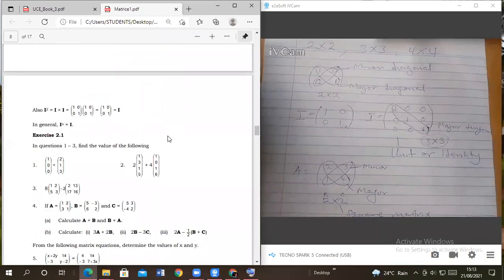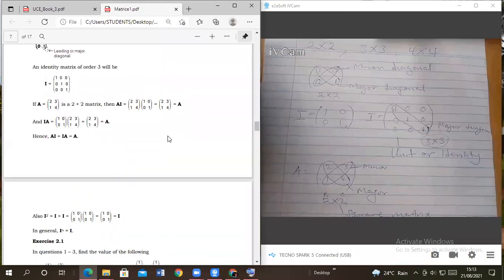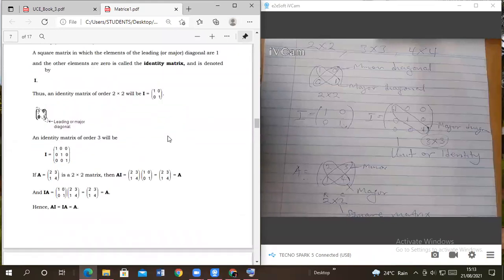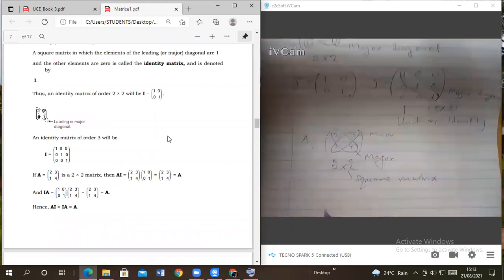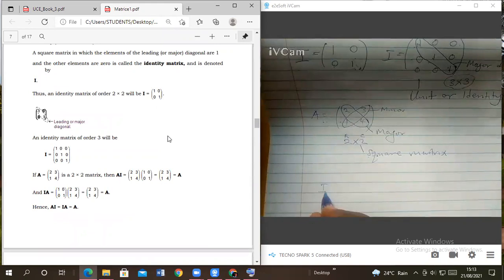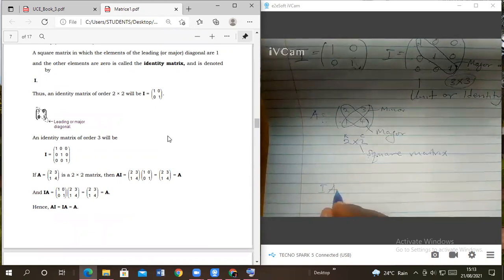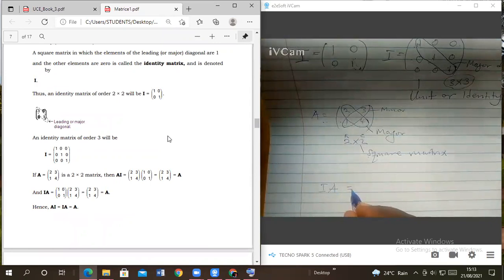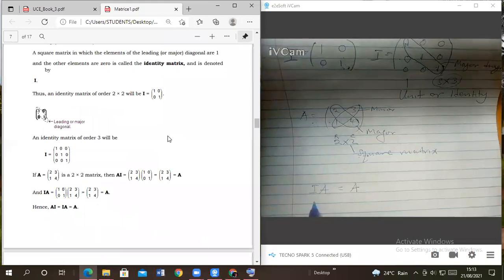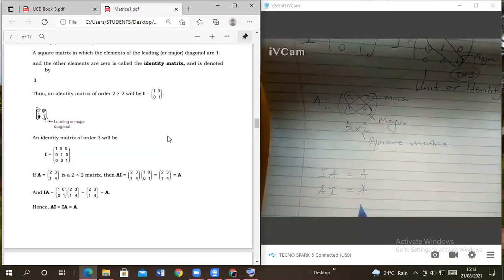So we can have an example on how we can multiply that identity with any other matrix. But of course, under the properties, we shall see that if you have the matrix I, which is identity, times any other matrix A, the result you get will be the matrix A. And if you change the order and say A times I, then this will be the same as A, meaning this property under multiplication is just like that of a zero matrix.